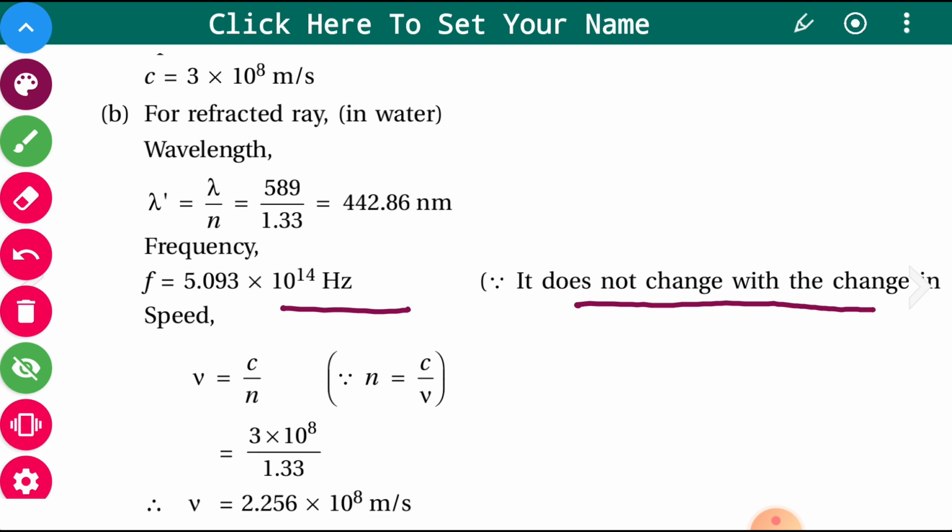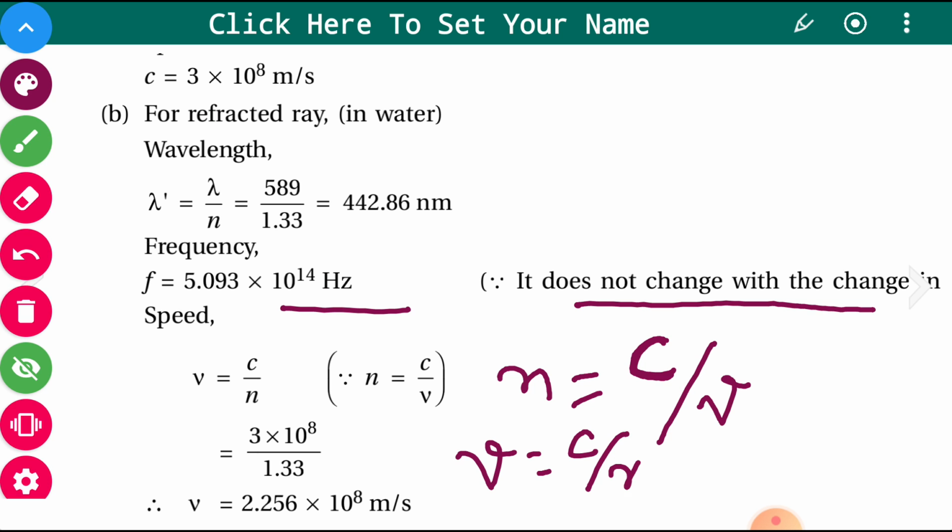Speed we want to find. Refractive index is the ratio of the velocity of light in air or vacuum divided by the velocity of light in another medium. So velocity v is equal to c upon n.